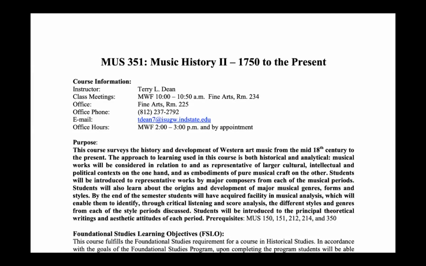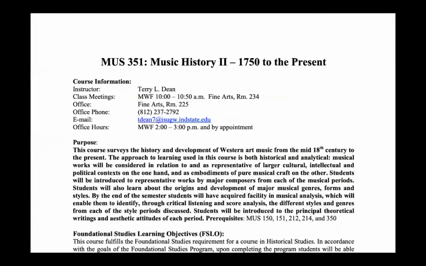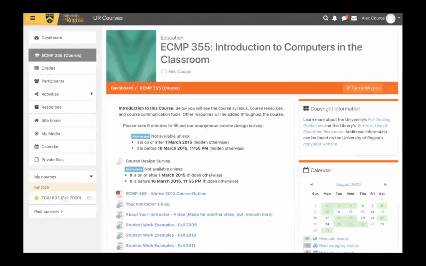Unlike the high school experience, where teachers provide you a lot more support to keep you on task, and it's not to say that your professors here at Campion won't do that as well, typically there's more onus put on the student to really keep up. This is where technology comes in really handy if you're able to use it to manage your life. So again, taking out the really important information from a syllabus and from your UR Courses for each course is going to be the first place to start.